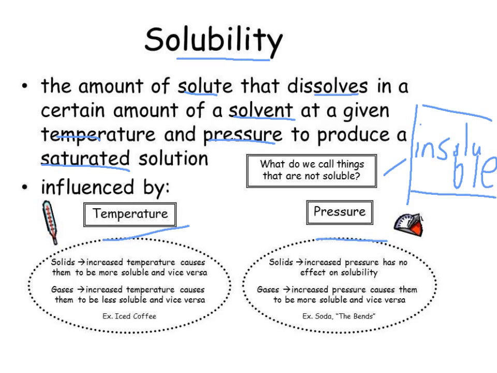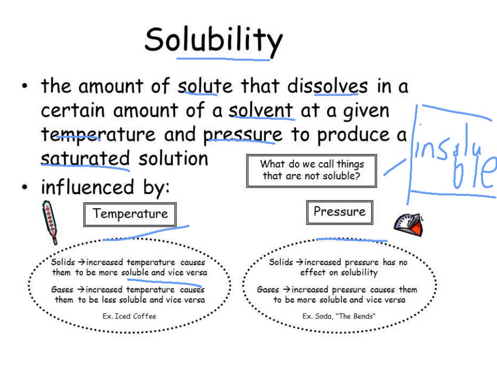influence the solubility of solids, for example? If temperature is increased, it causes solids to be more soluble and vice versa. This is the reason why salt is easily dissolved in water when temperature is increased.